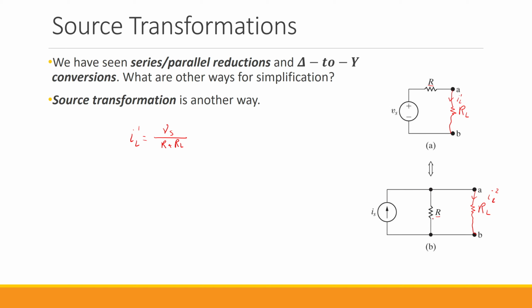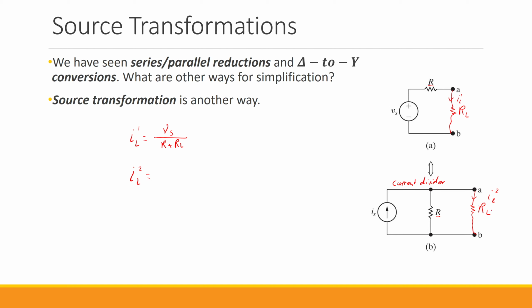If you remember from before, this is an example of a current divider circuit. For a current divider circuit, the amount of current that goes through each resistor depends on the other resistor, not the actual resistor itself. What does it mean? If we have RL here and R here, and R is very large, more current goes through RL.